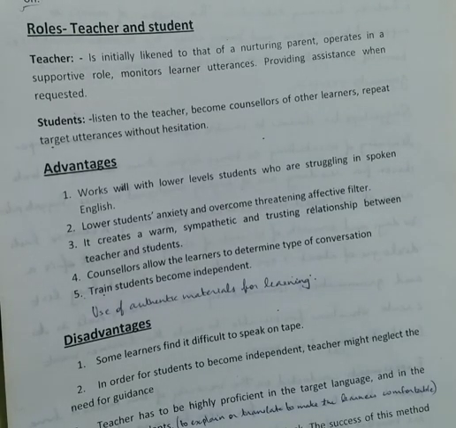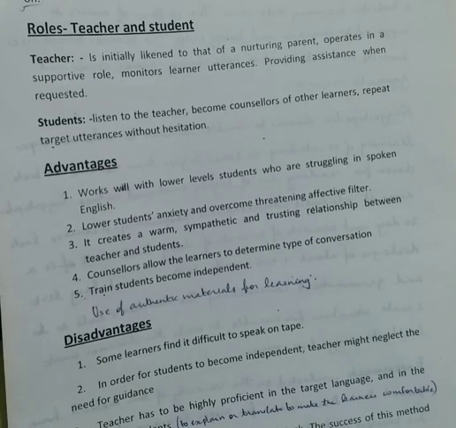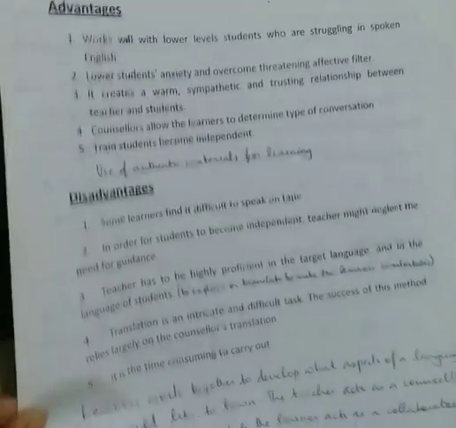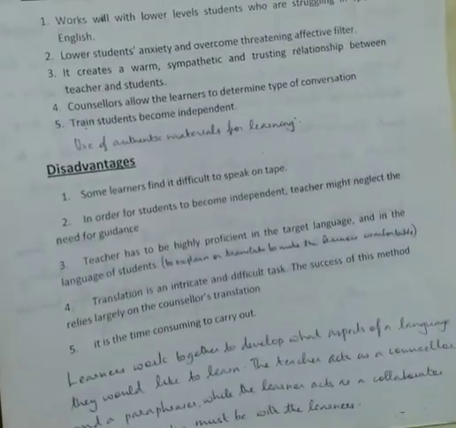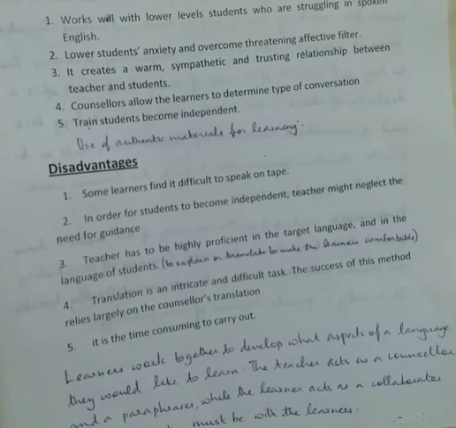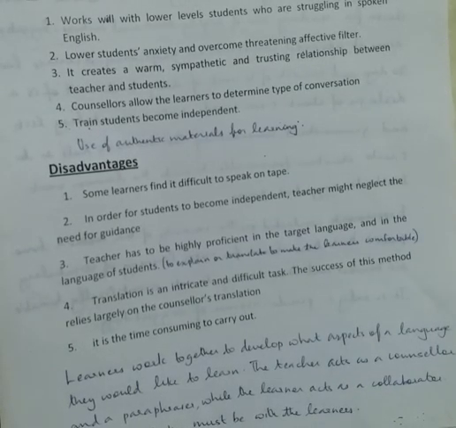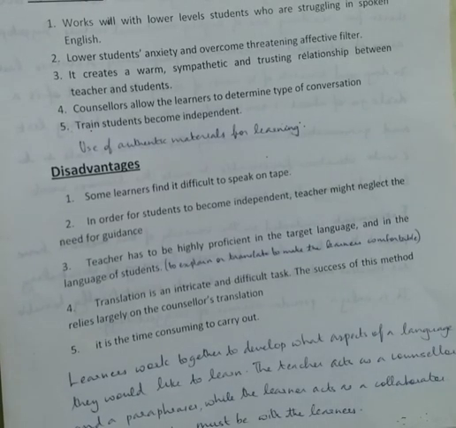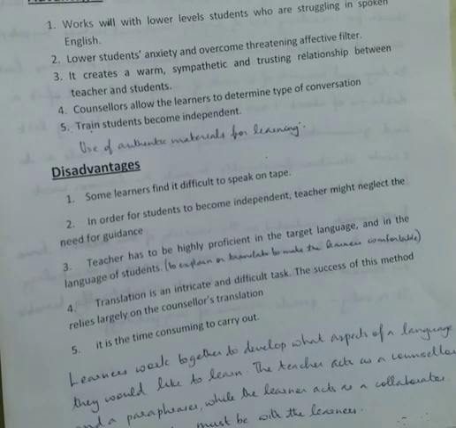So authentic materials can be used and the students can be trained independently. Some of the disadvantages are that some learners will find it difficult to speak on tape, to record their voice, because of shyness or lack of confidence. In order for students to become independent, the teacher might neglect the need for guidance.